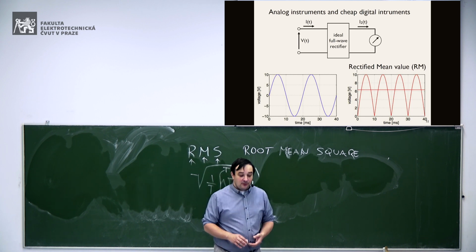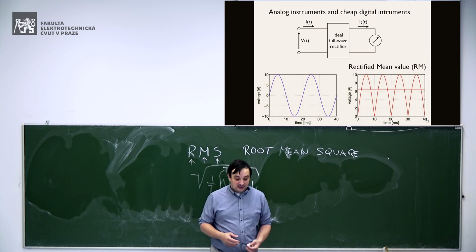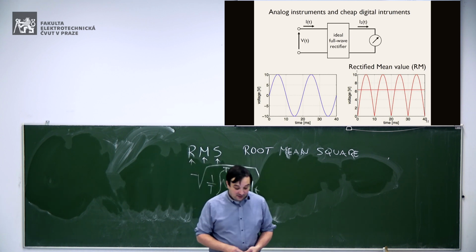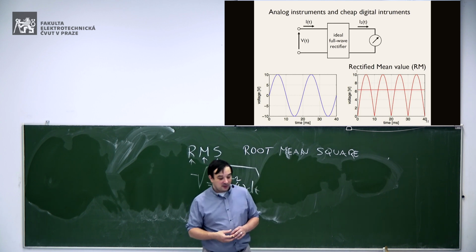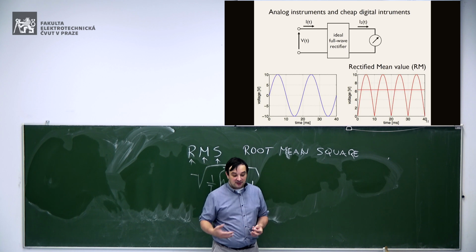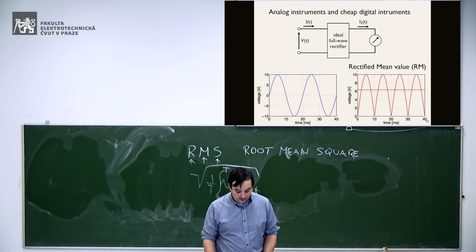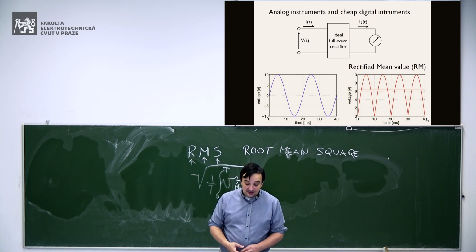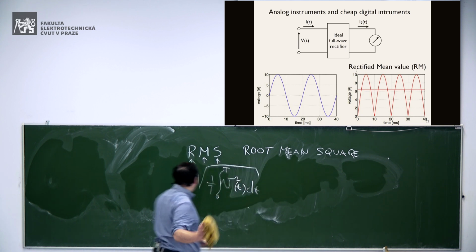There are other methods, however, that you can use to calculate the RMS value. The first one is a rectifier. I've already explained this topic, but let's go over it once more. If you have a voltage, which is a sine wave, what you can do is to rectify this voltage. And what you obtain is the rectified mean value. It means that you have your voltage here.